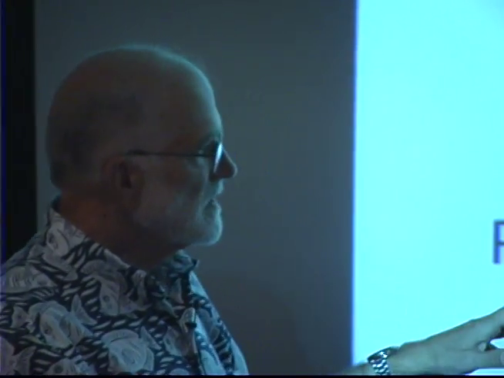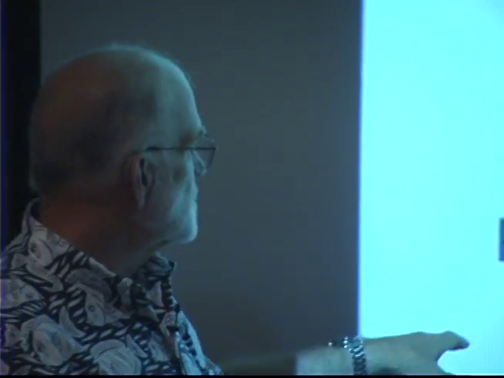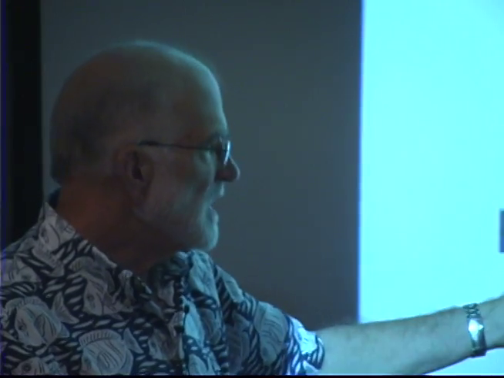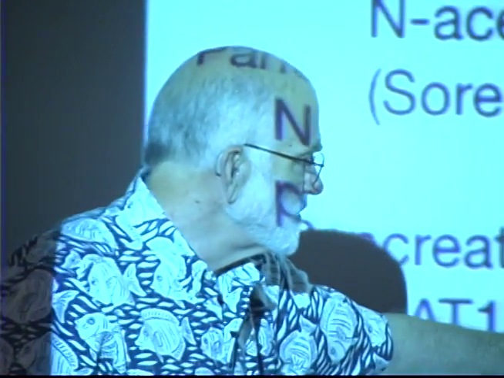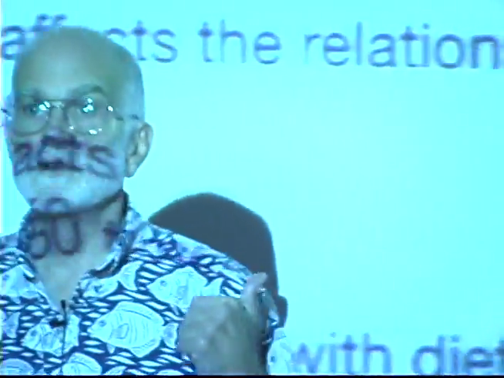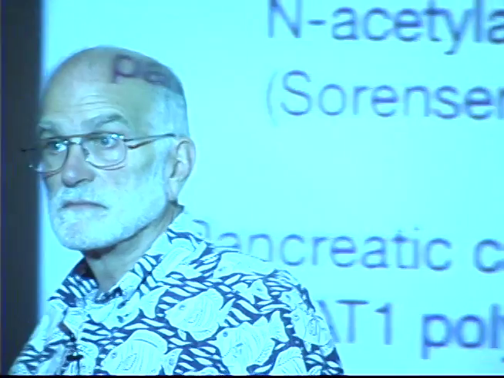N-acetyltransferase is interacting with dietary mutagens to increase risk of pancreatic cancer. And if you put in both the diet and the genetic variation, you get risk ratios of 2 to 2.5 times, but you only get it in men. You don't get it in women. So there's an effect of sex here.